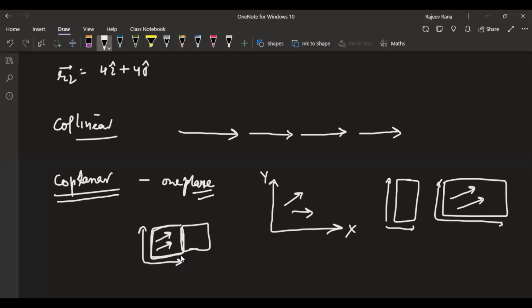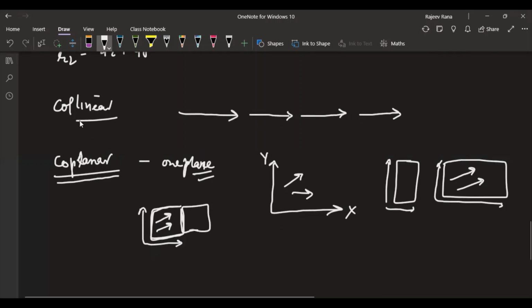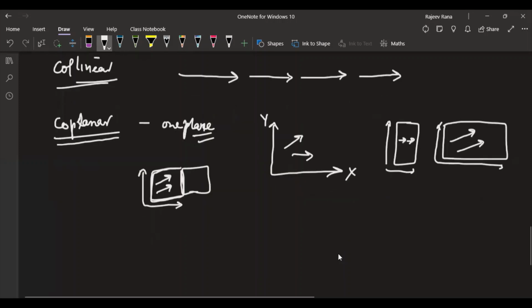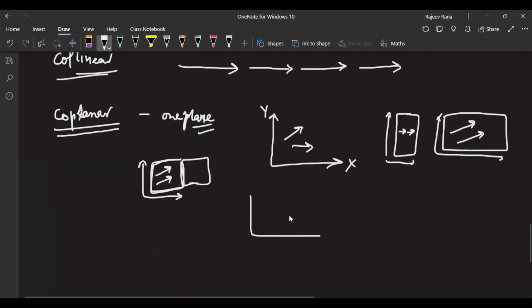Got it? So a coplanar vector can be collinear also, because if you draw two vectors one after the other, they are on one plane, so they can be collinear also, no? Yes, sir. Just like I'm writing on the screen of my laptop, which has one component y and one component x, and I'm drawing two vectors on it one after the other.